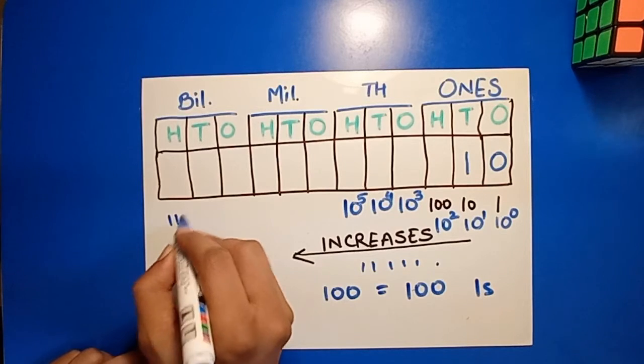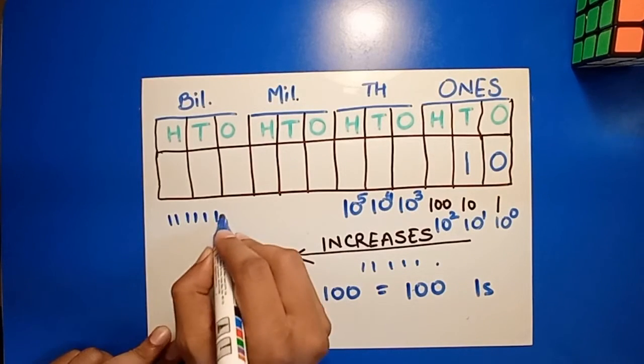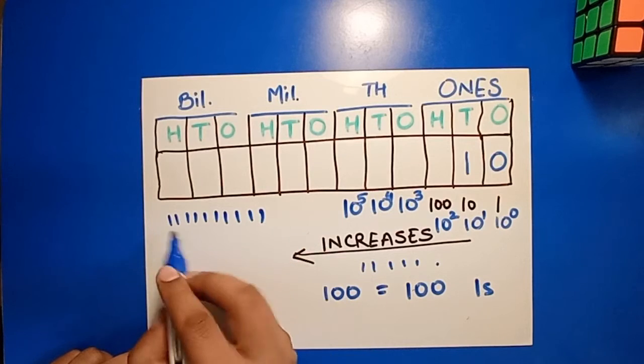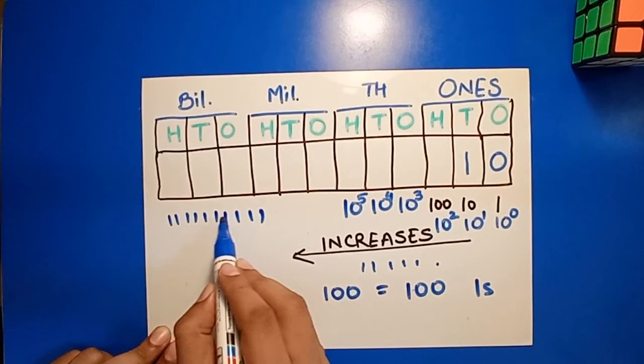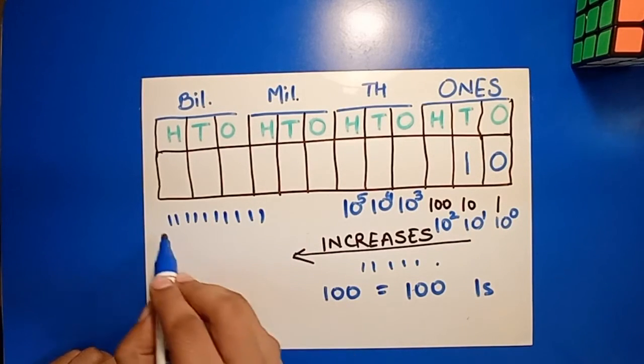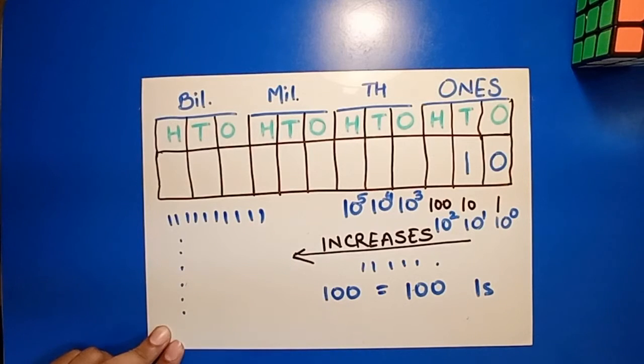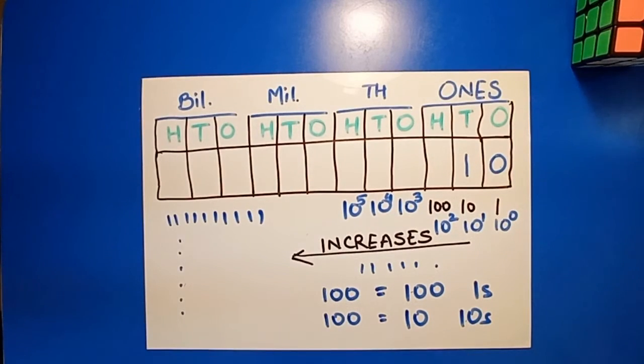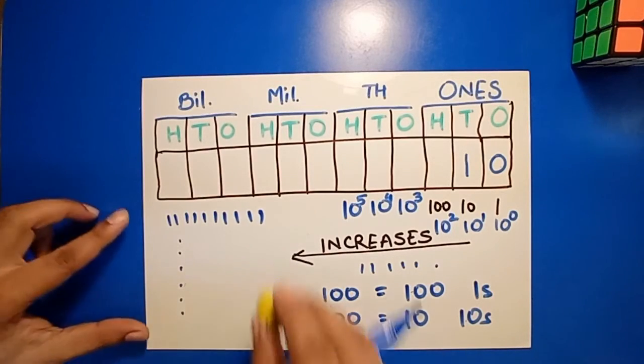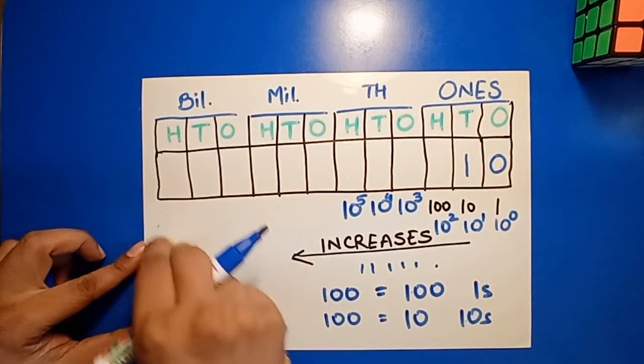Or if I write 1 1 1 1 1, 10, this is 10, 1 2 3 4 5 6 7 8 9 10. Like this, I write 10 times. So 100 will also be 10 tens. So when I repeat 1 a hundred times, it becomes 100. When I repeat 10 ten times, it becomes 100. Right? So the same number can be looked at in different ways.